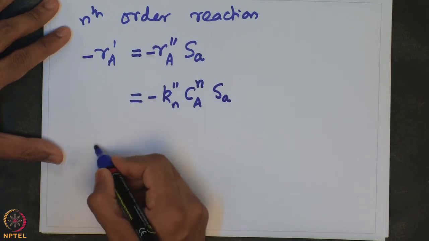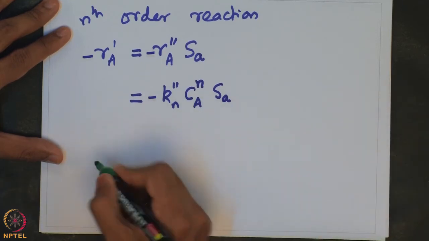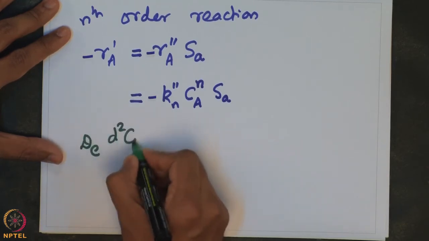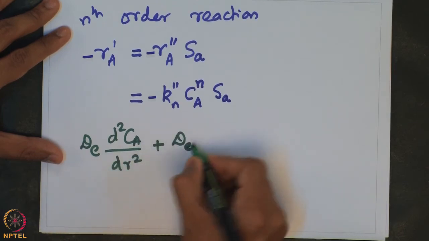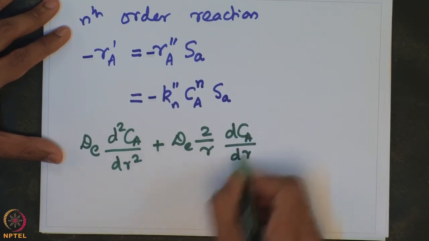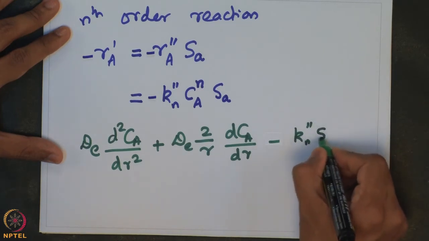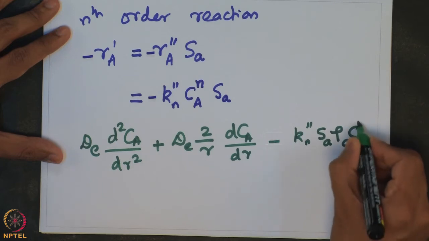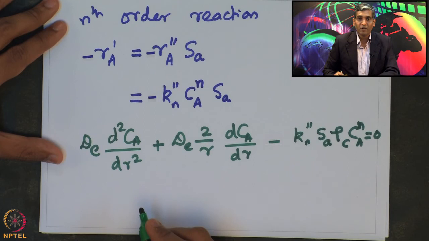So, if I plug this into the mole balance that we just derived, it will be dE into d square Ca by dr square plus dE into 2 by r into dCa by dr minus Kn double prime Sa rho c into Ca to the n equal to 0. So, that is the mole balance that we just derived.